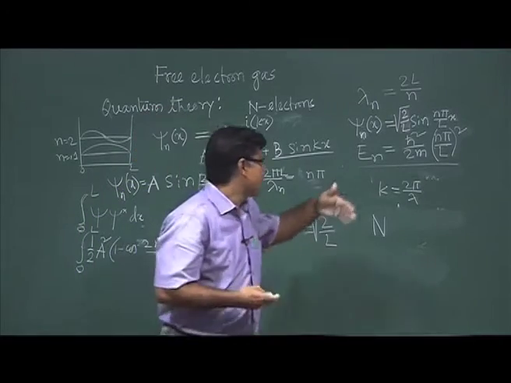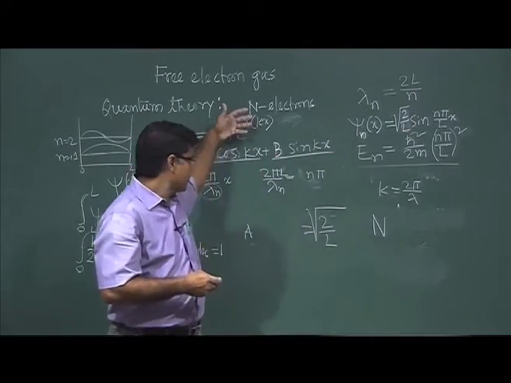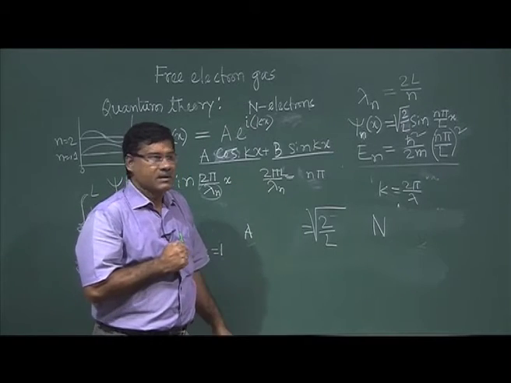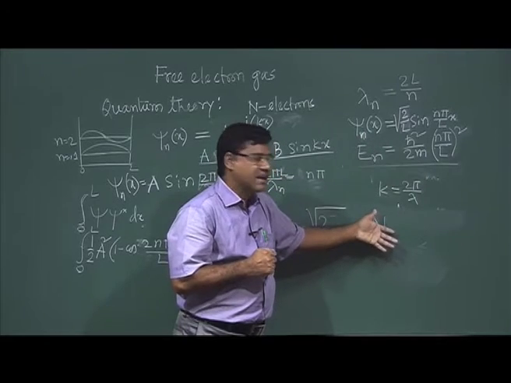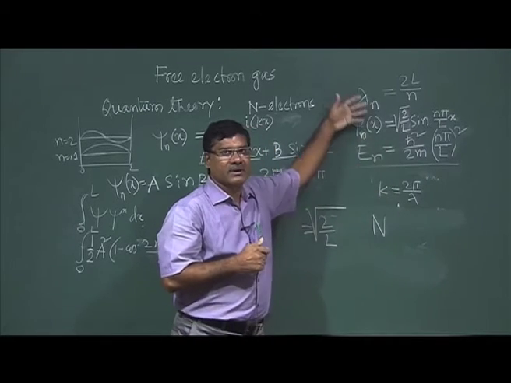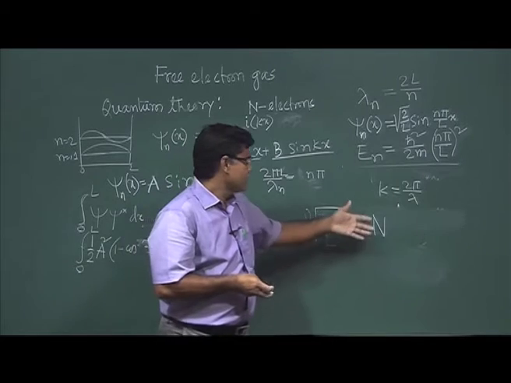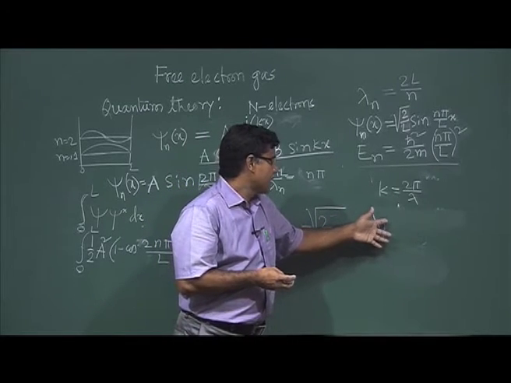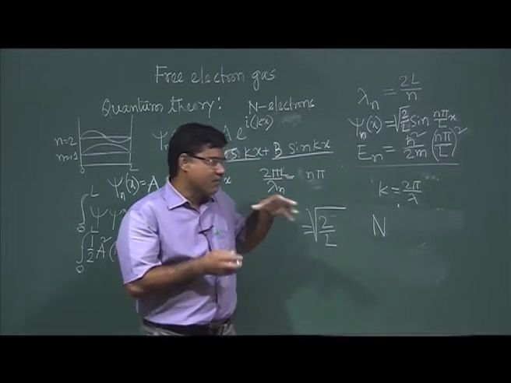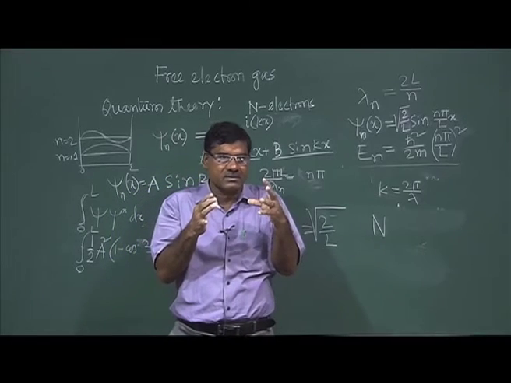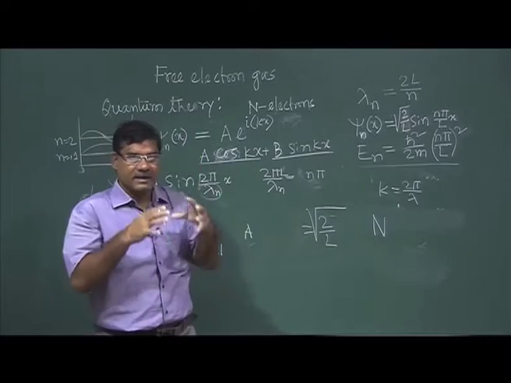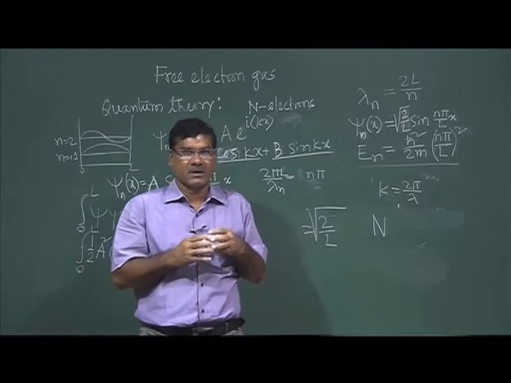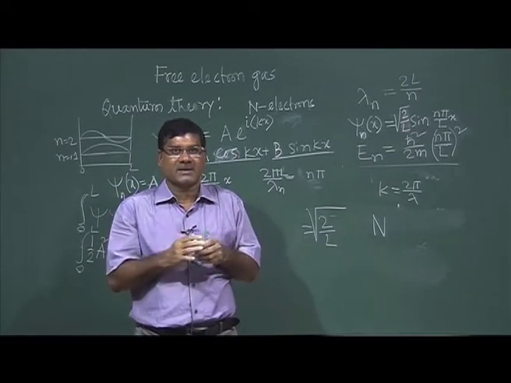Each one will behave the way we have proceeded. Then for each electron we will get this type of states, right, and so we can place N number of electrons. So, now the system of N electrons is free electrons in a metal in a box, or in one dimension.